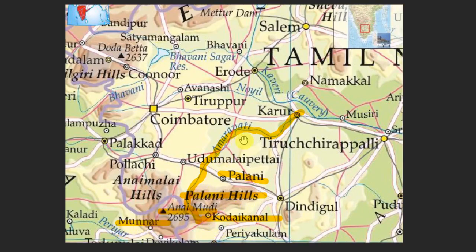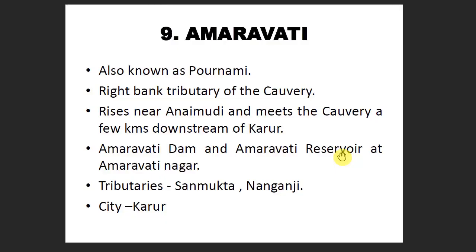And the river joins the Kaveri river at Karur, a little before Tiruchirappalli, which is located here. It is also known as Ponnani, and rises near Anaimudi. Its important tributaries are Sanmukta and Nanganji, and the city located on its banks is Karur.